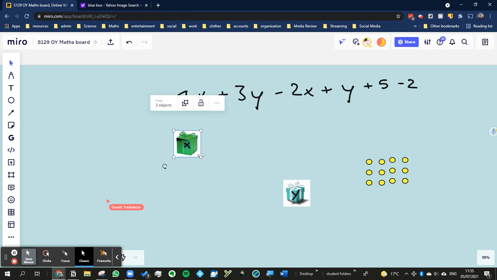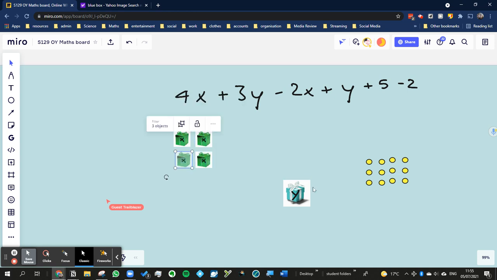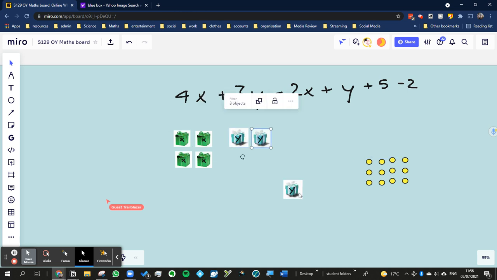Add 4x. So okay, let's just make them a bit smaller. So that's 1, 2, 3, 4. Okay, now add 3y. Here's the y's. So 1, 2, 3. There's 3y. Okay, now take away 2x.